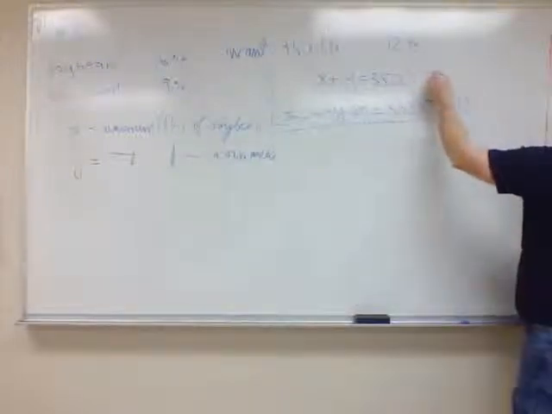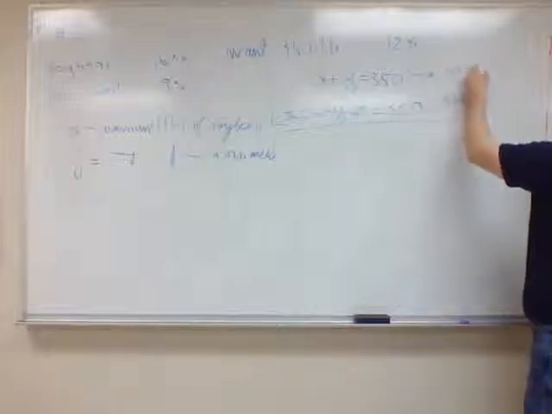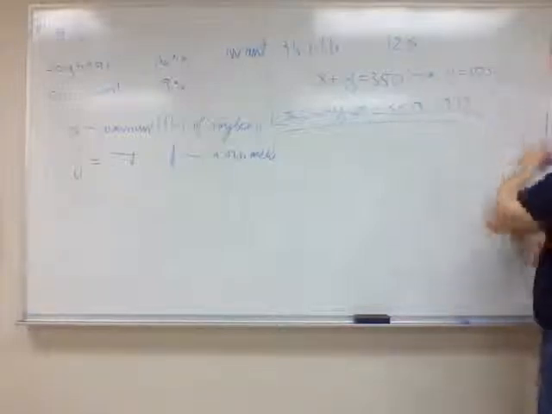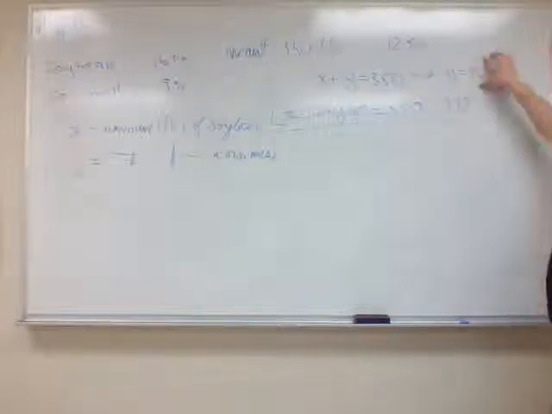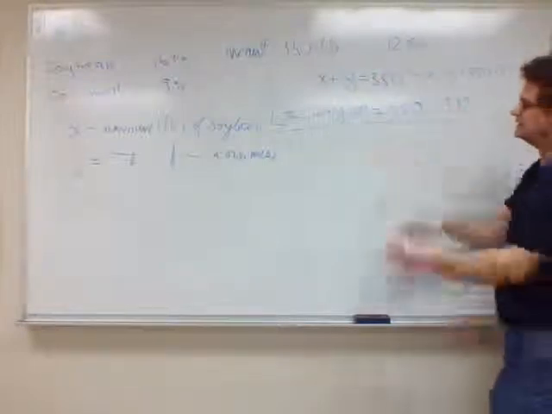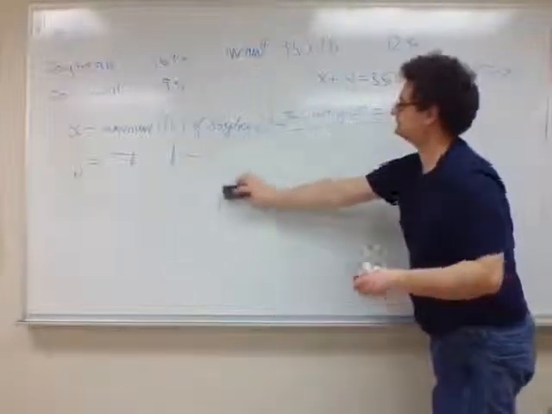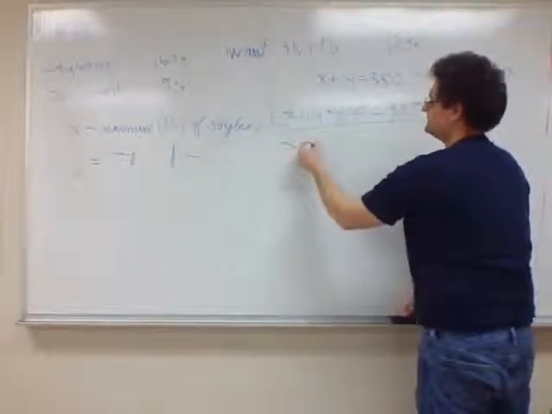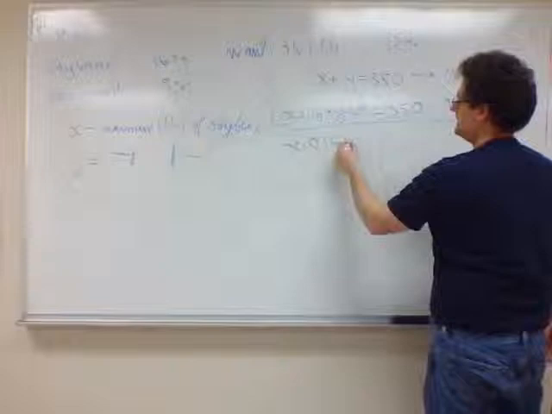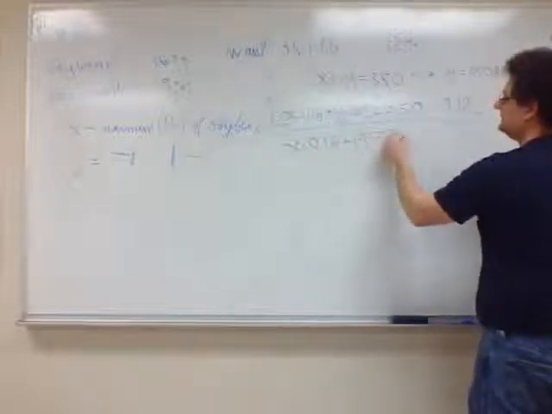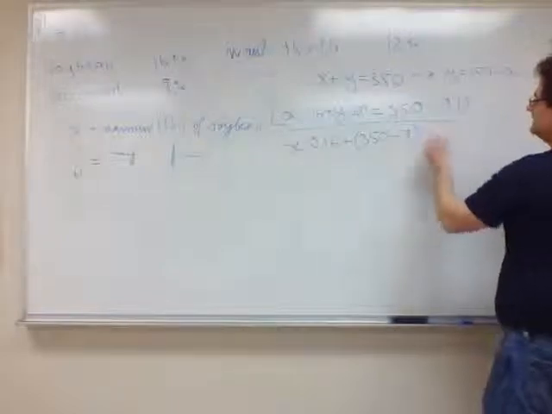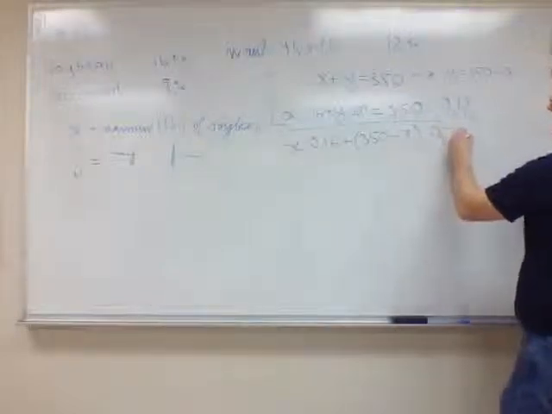So again, you can use substitution. So Y is 350 minus X, and that we conclude from this equation, and we plug that in here. So we have X times 0.16 plus, and Y is this, so 350 minus X multiplied by 0.09.